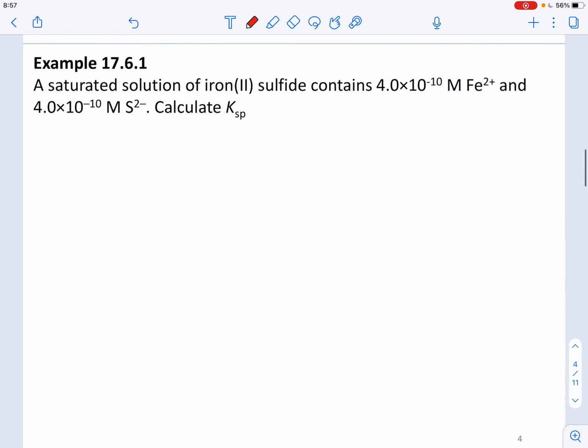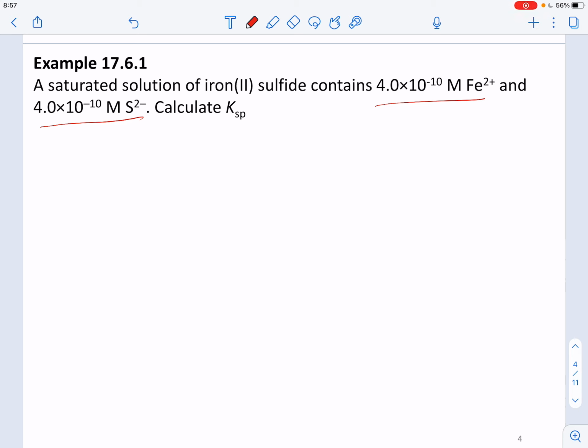So, how do we calculate KSP? Well, for that, pretty much you need the equilibrium concentrations, correct? So in this case, we're working with iron 2 sulfide, and we have the concentration of iron and the concentration of sulfide. Before we do anything, because those are concentrations, it's not like you just go ahead and multiply them. You first need your dissolution equation.